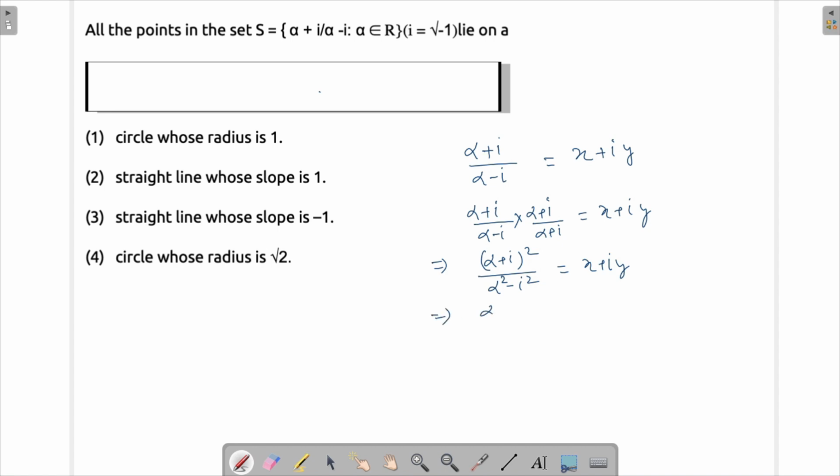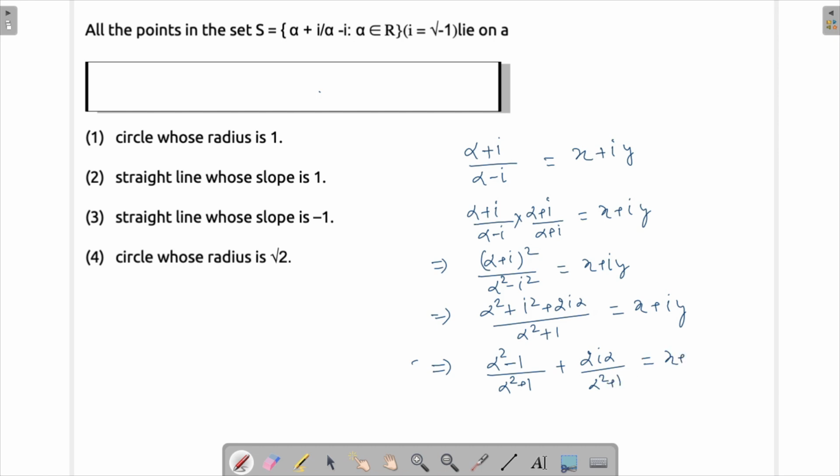And I could write it as alpha square plus i square plus 2i alpha upon alpha square plus 1, because i square is -1, and this is actually equal to x plus iy. So let's write in one more step: alpha square minus 1 upon alpha square plus 1, plus 2i alpha upon alpha square plus 1, equals x plus iy.